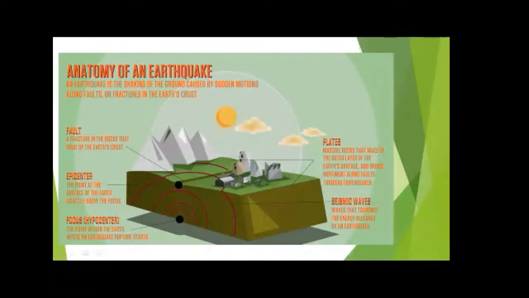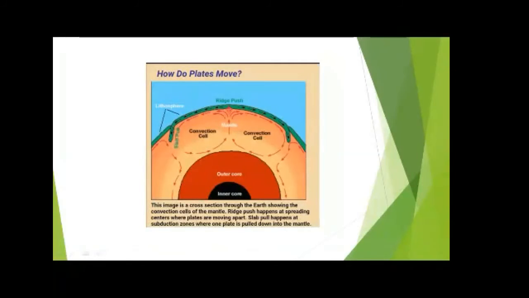Now we move to our picture of how plates move. You can see in the picture that there are convection cells, there is a ridge push, and there is a lithosphere. This image is a cross section through the earth showing convection cells in the mantle.